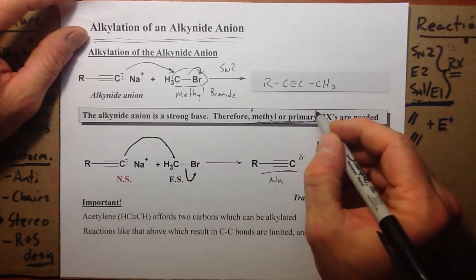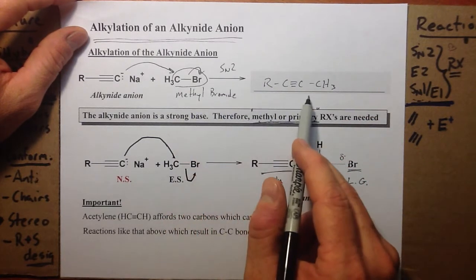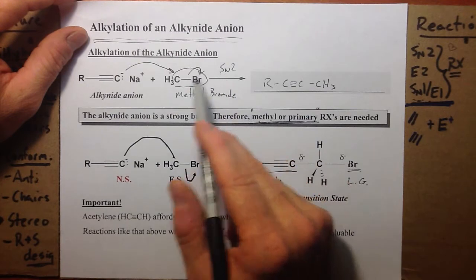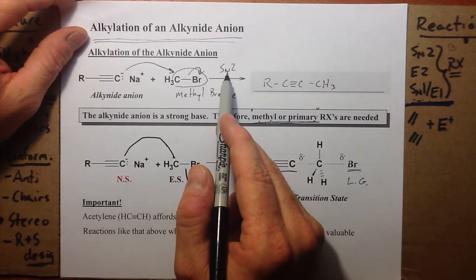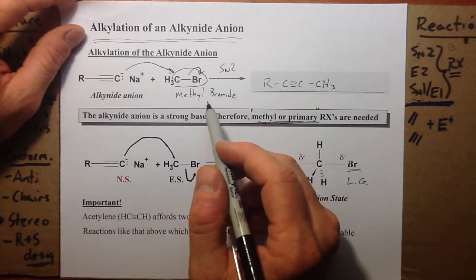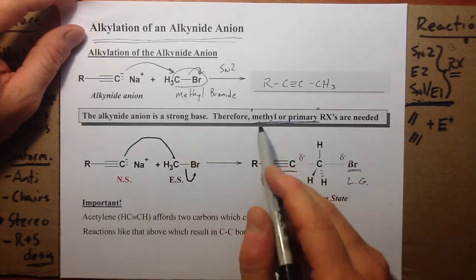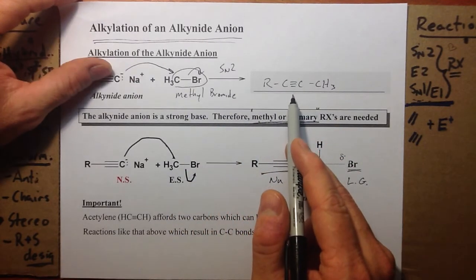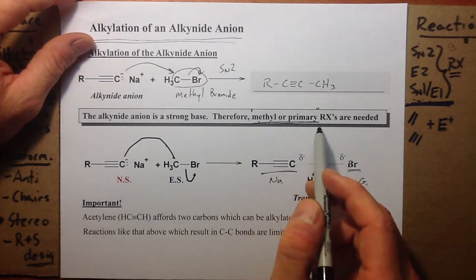So we typically use methyl or primary RXs for this alkylation reaction. Of course, if we used a more hindered alkyl halide, SN2 would no longer be the favored mechanism. It would be E2. So we have to limit what RX we use to alkylate the alkynide anion. We have to use methyl or primary RXs.